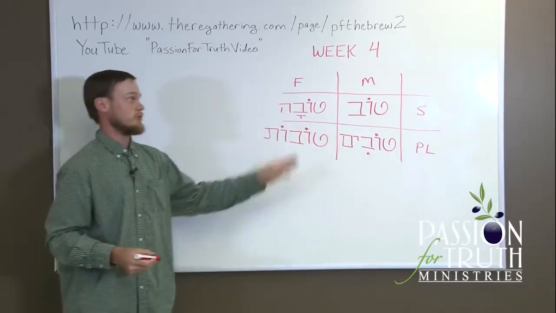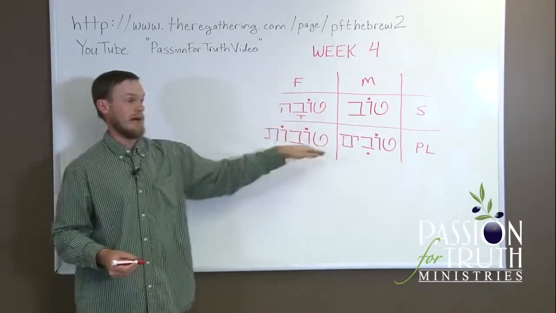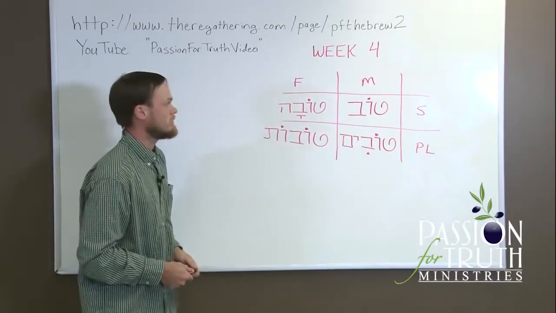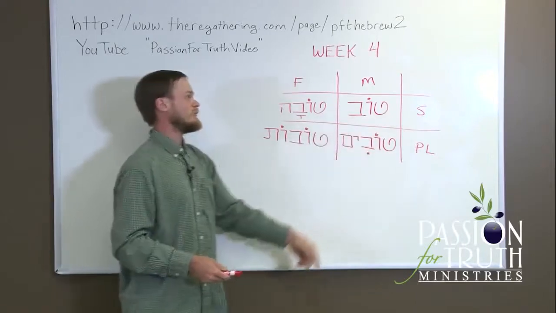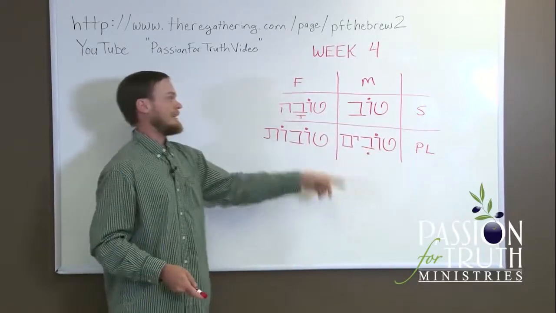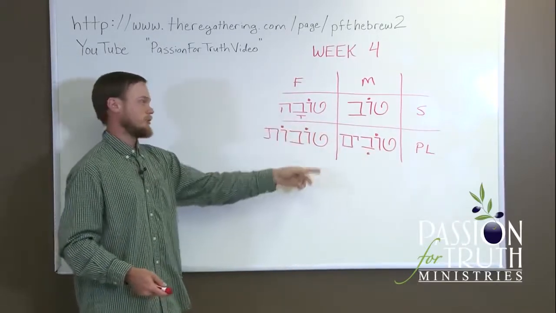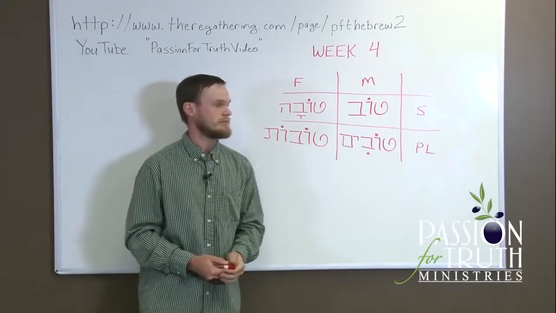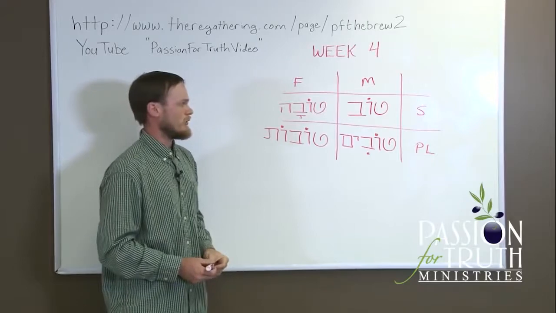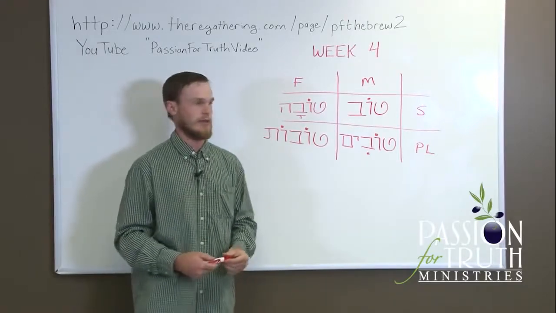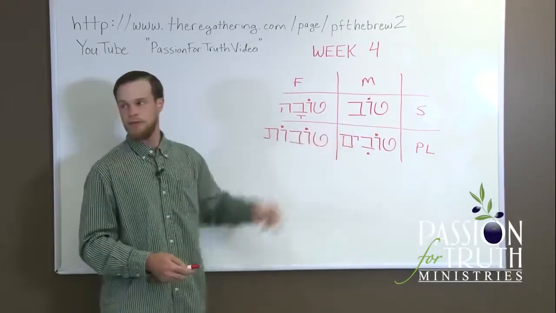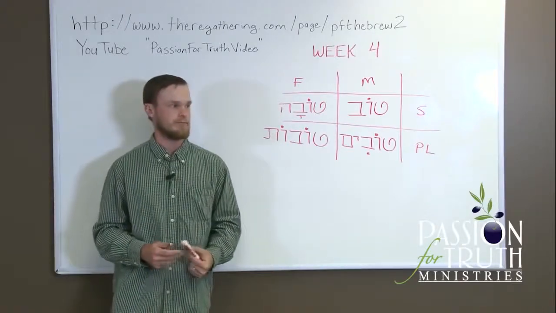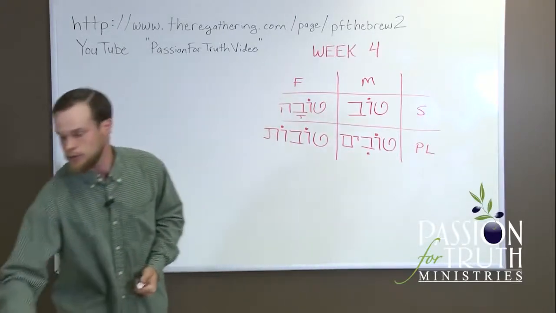And it just switches between these forms to accommodate whatever word you happen to be modifying. So ish tov, anashim tovim, isha tova, nashim tovot. So if you're ever at a loss as to what to do with an adjective, remember this chart. Are there any other questions about adjectives?